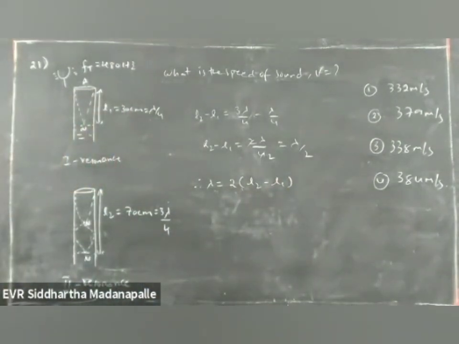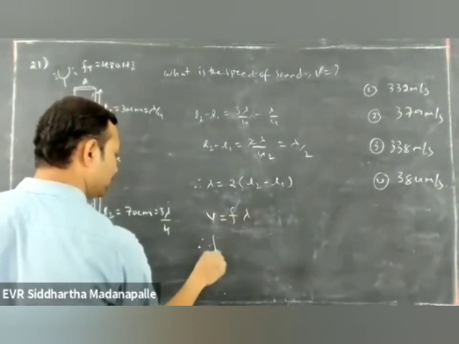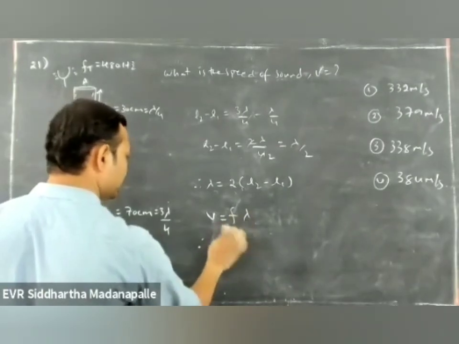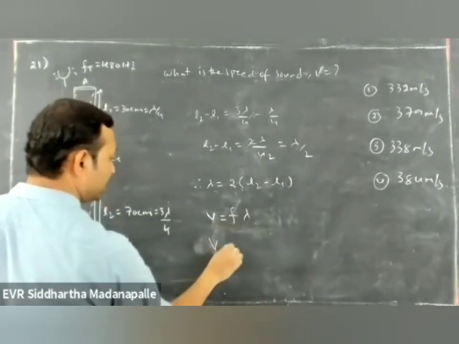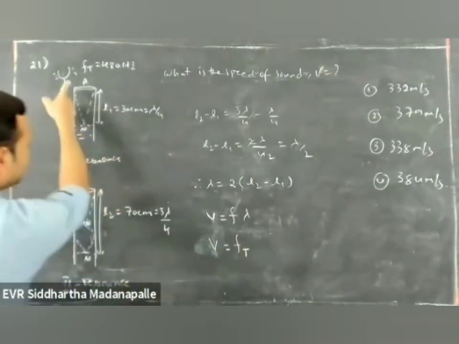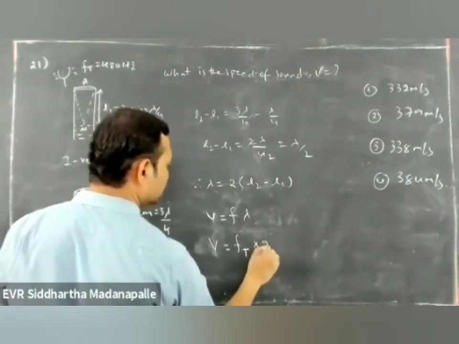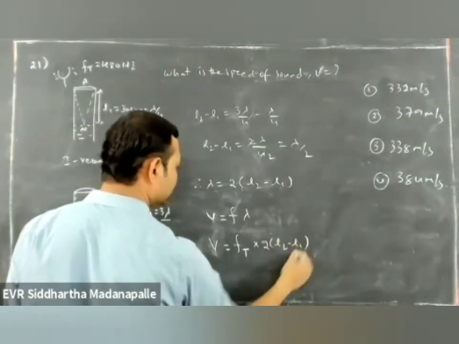Frequency తో speed calculation చేయాలి కదా. We know that V is equal to frequency into lambda, so V is equal to frequency of the tuning fork into lambda, with lambda equal to 2 of L2 minus L1.